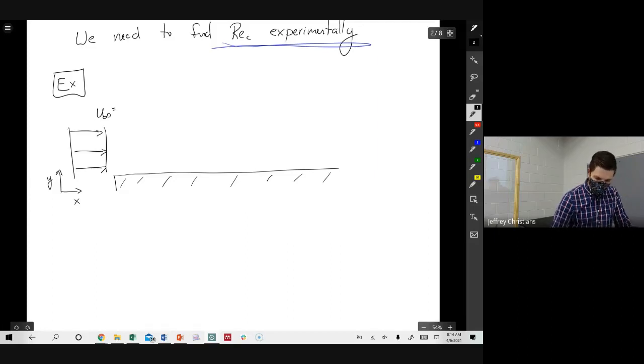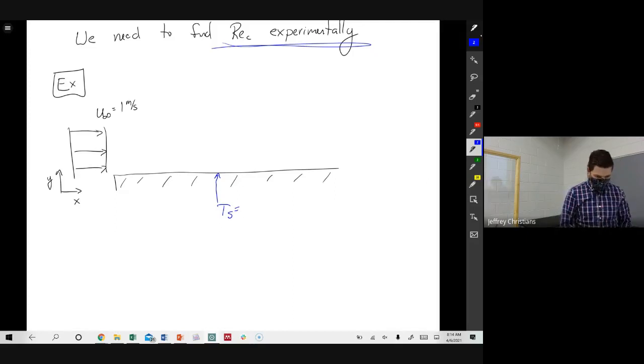U infinity is 1 meter per second. Our plate is at T_S.